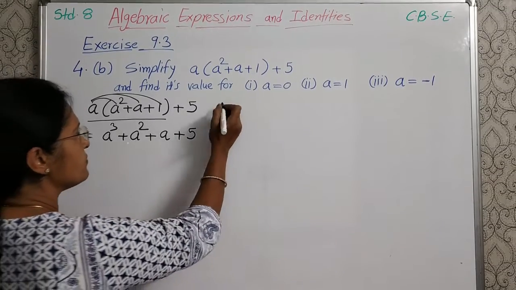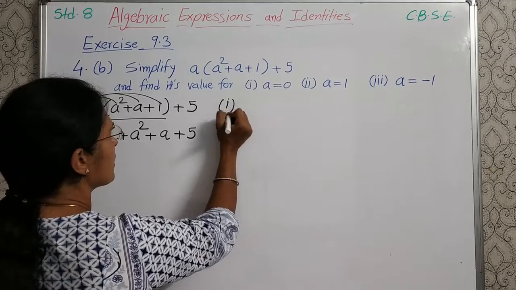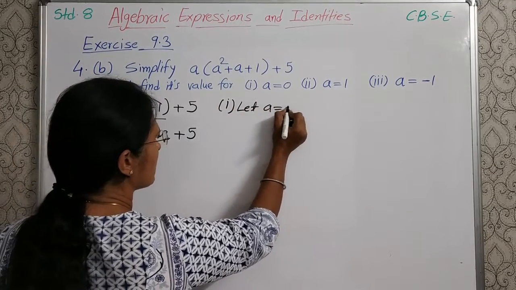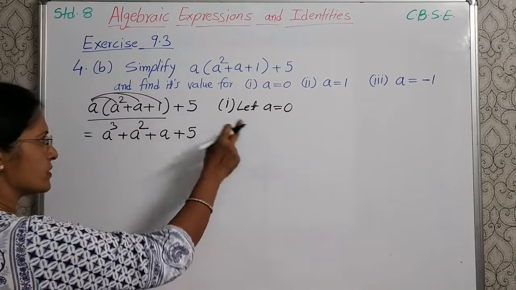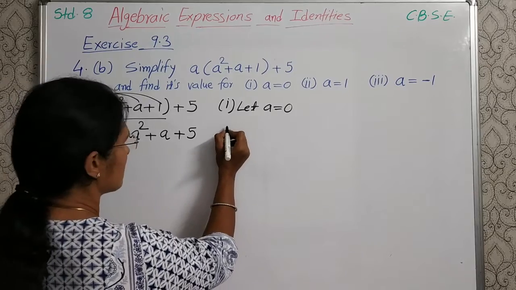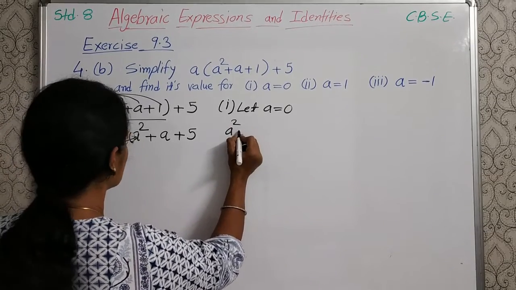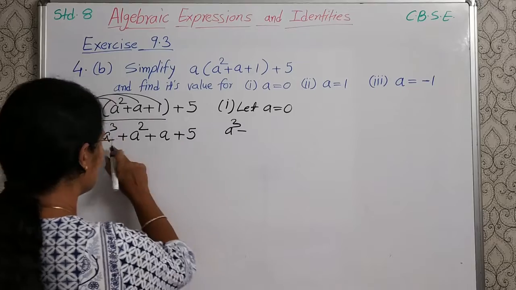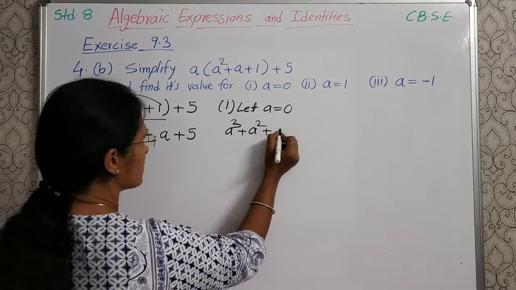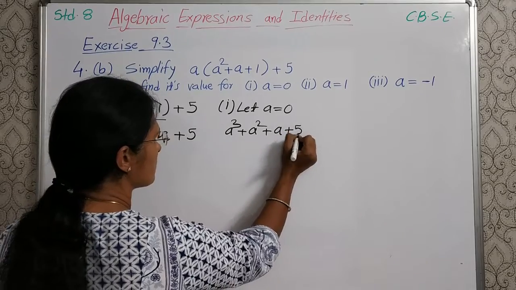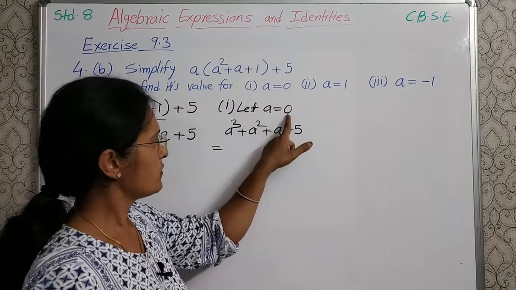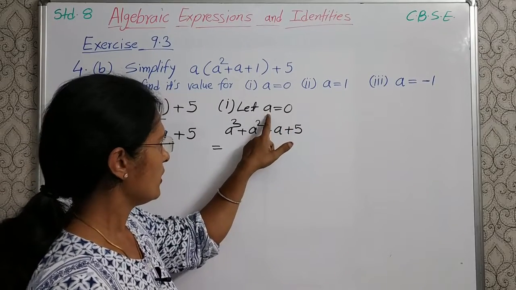So first, let a is equal to 0. Let a is equal to 0. Substitute that in this expression. Now here write a cube plus a square plus a plus 5. Now wherever there is a, substitute this value 0 for a.